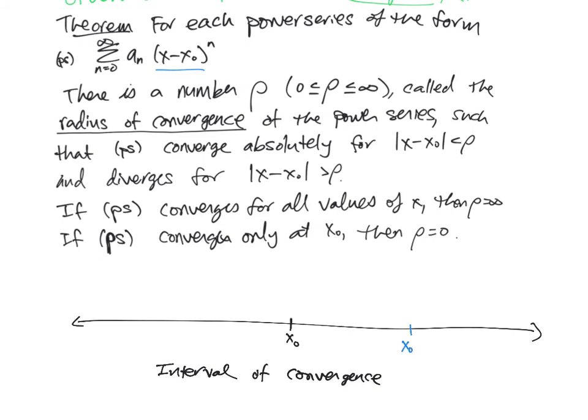And so if you go x_0 plus rho, and then the same distance over to the other side, x_0 minus rho, then in here, we get absolute convergence.